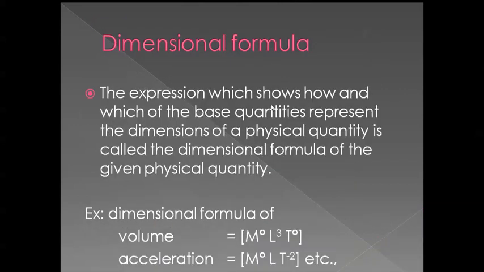The expression which shows how and which of the base quantities represent the dimensions of a physical quantity is called the dimensional formula of a given physical quantity. So see here, acceleration.